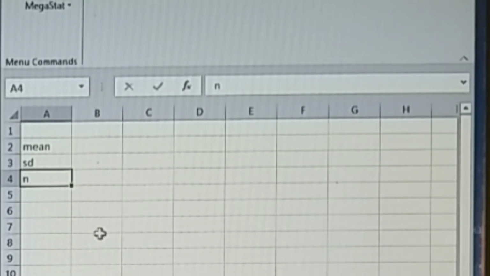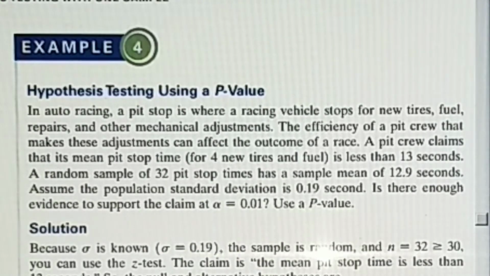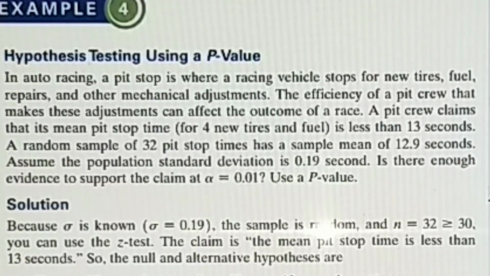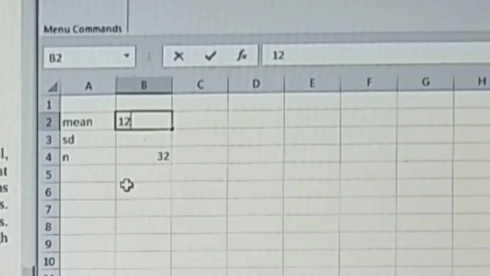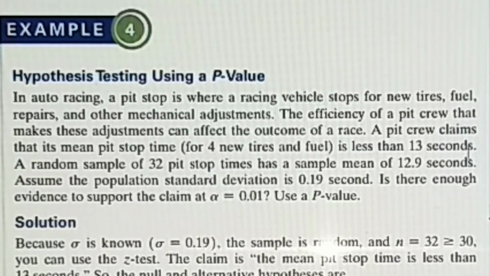In the example, we have a random sample of 32 pit stop times, so we have 32. The sample mean was 12.9. And for the standard deviation, that is 0.19.